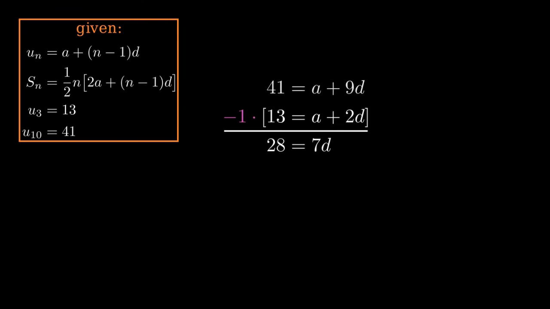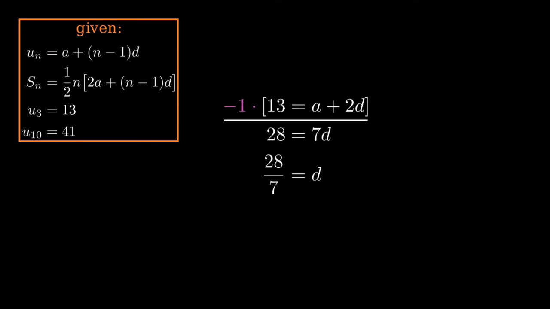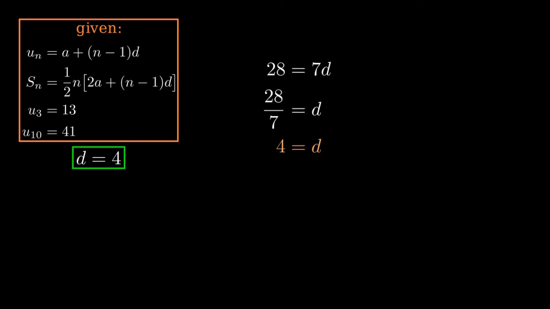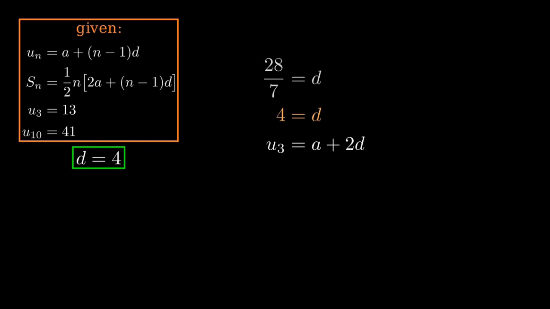Okay, and then we can easily get D. 28 divided by 7 is 4. Okay, so we tuck that over there with the given. That's found information. Okay, now we need to find A. We can go back to U sub 3 and solve for A. We subtract 2D.